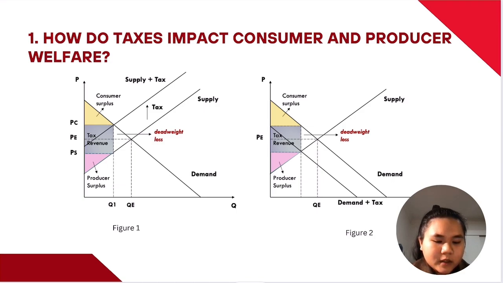In figure 2, when a tax is levied on the consumer, the consumer surplus shifts from the yellow region to the red region, and the producer surplus shifts from the gray region to the pink region. The demand curve shifts downward in proportion to the amount of tax imposed.